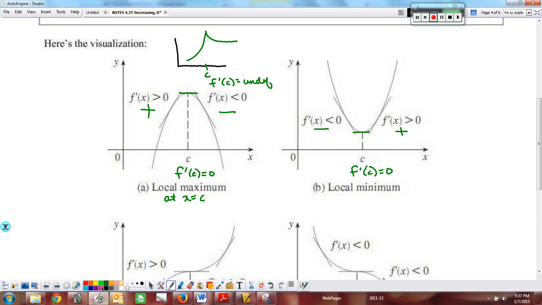But the derivative of all the values before c is positive, and the derivative of all values after c is negative.